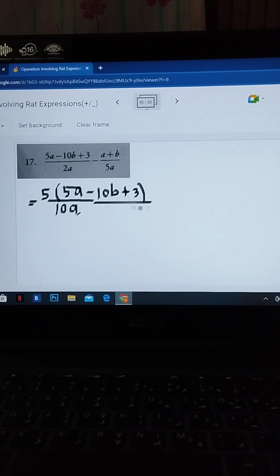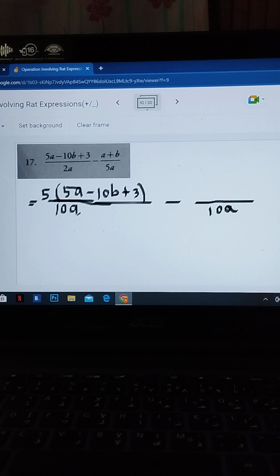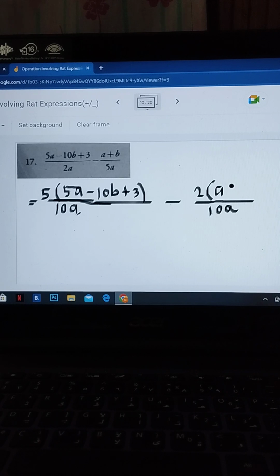Okay, so minus, the LCD is 10a divided by 5a is equal to 2. So 2 times a plus b.